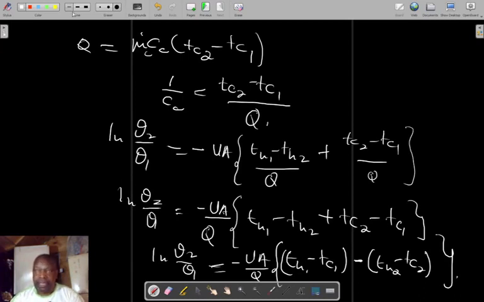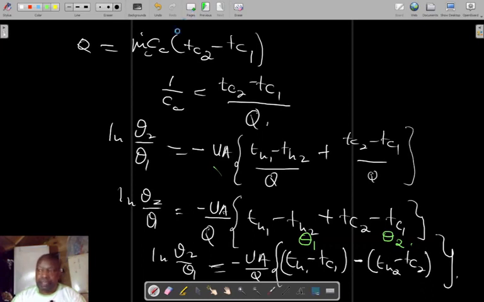Now you can see that Th1 minus Tc1, we immediately recognize, is equal to theta 1, and this is equal to theta 2.